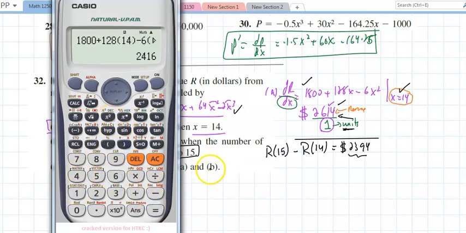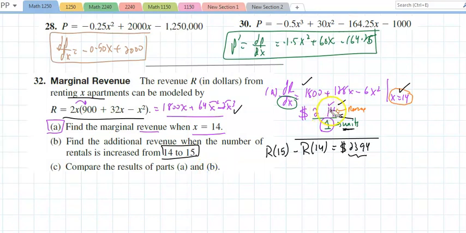Yep, 2416. I was going to say this is a bit bigger. 2416. So look at that. They're only about $20 different. I'm sorry, $22 difference. But hey, that's pretty good compared to the exact.